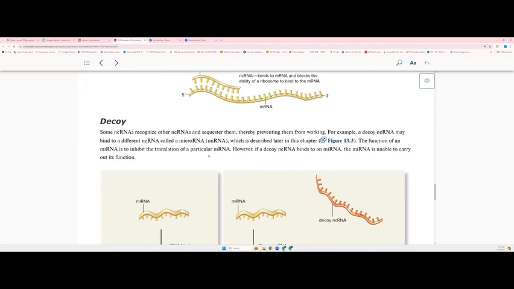Another application of non-coding RNA is called decoy. What does that mean? It means some non-coding RNA can recognize other non-coding RNA and sequester it, thereby preventing it from working.